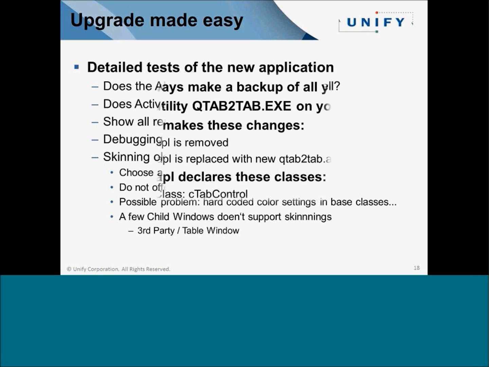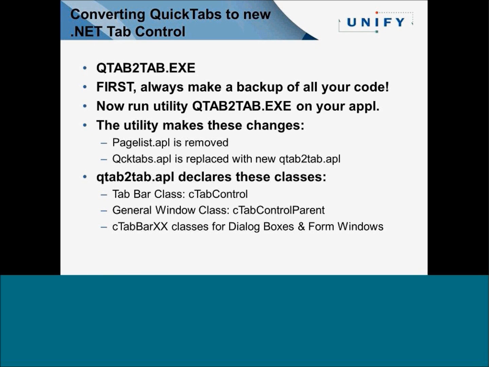One very useful tool is a quick tab-to-tab executable. This replaces the quick tabs from your application and inserts the new tab control. Our new tab control is split into parts. The first part is the tab control itself.